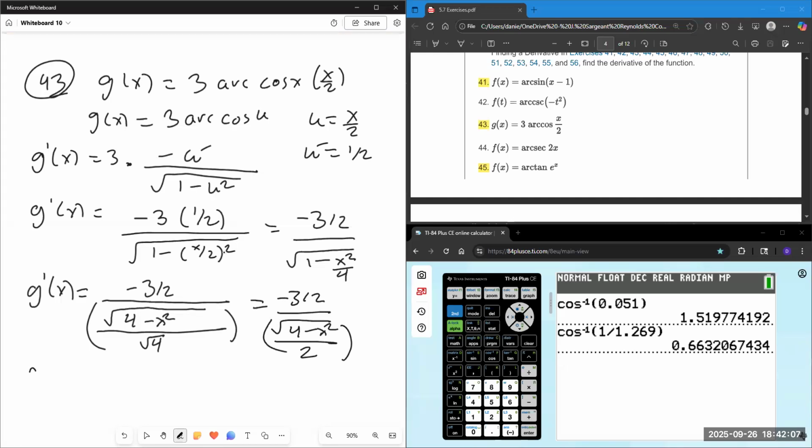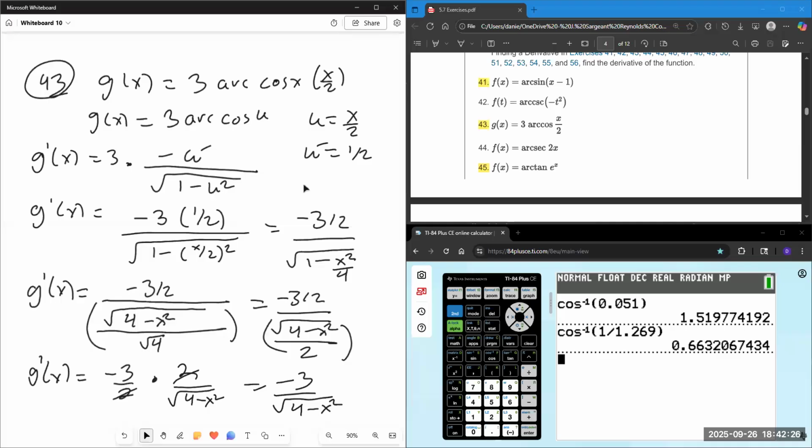So g prime of x is negative 3 over 2 times 2 over root 4 minus x squared, which is negative 3 over root 4 minus x squared.